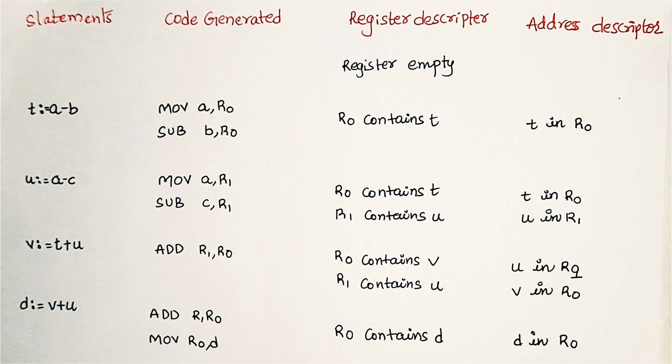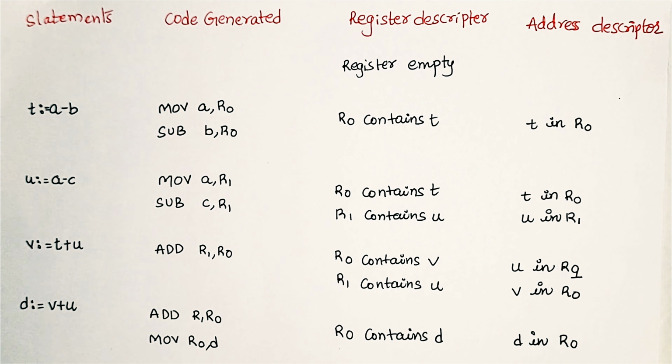When t is equal to a minus b, what you have to do? Move a comma r0. So I am sending the value of a into r0. Now the value of a is available in r0. So I want to subtract a minus b. r0 has a, then I want to subtract b, so subtract b comma r0. Actually r0 is having a.